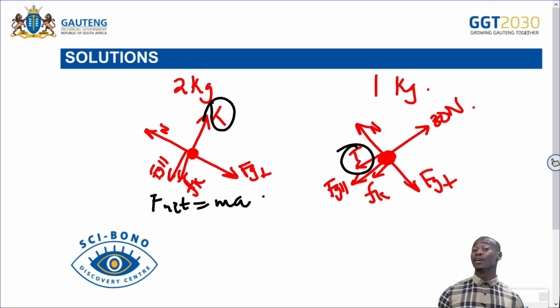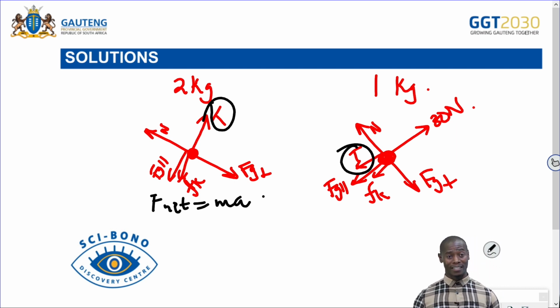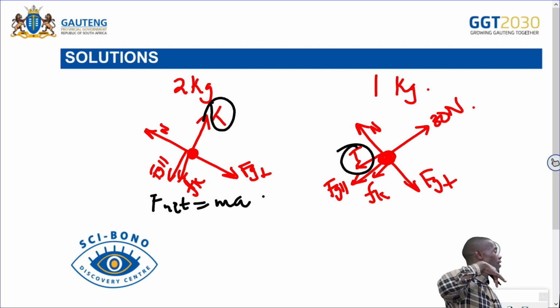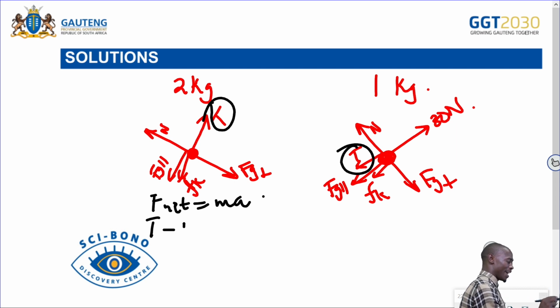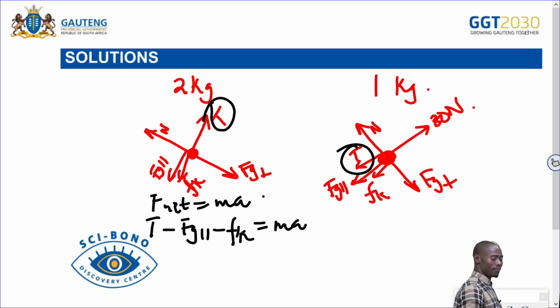We need to choose direction here, since we are dealing with forces, or vectors. We are taking the direction of motion as positive, which is up the slope. So for the 2 kilogram block it will be tension minus Fg parallel minus Fk equals ma.